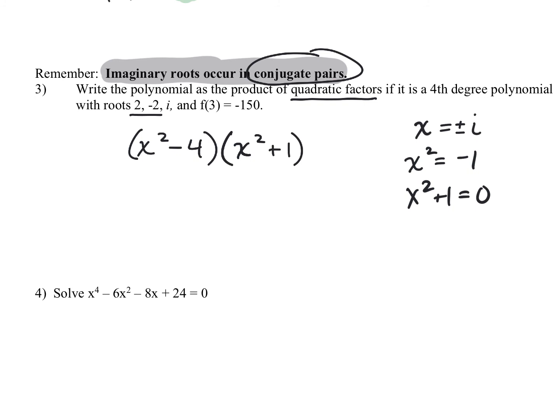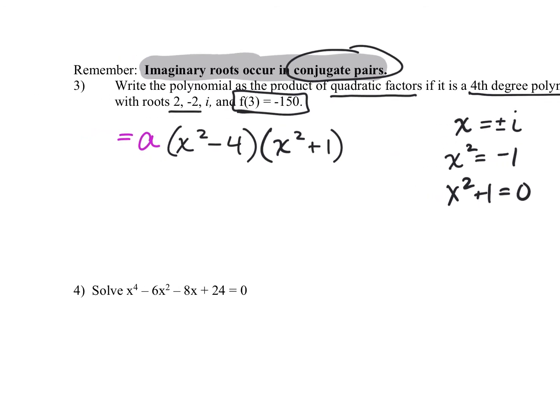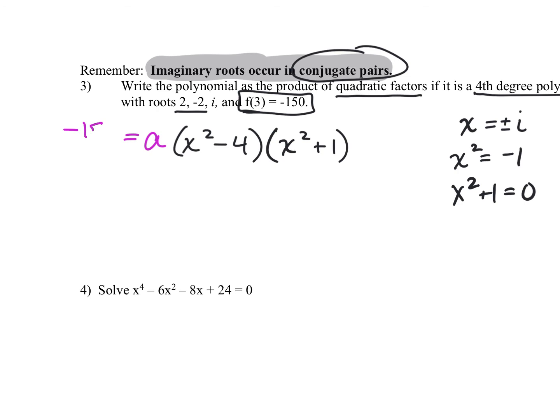I solve for 0, and my other factor here will be x squared plus 1. So we've met most of the criteria here. We have a product of quadratic factors, which will lead us to a fourth degree polynomial. The last bit we need to account for here is f of 3 should equal -150. So what we do is we say, well, there's going to be some multiplier outside. This multiplier will not change our zeros. And we're going to plug in -150 for y, and we are going to plug in 3 for x.